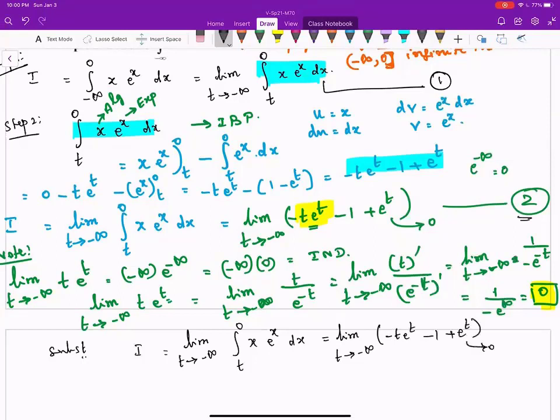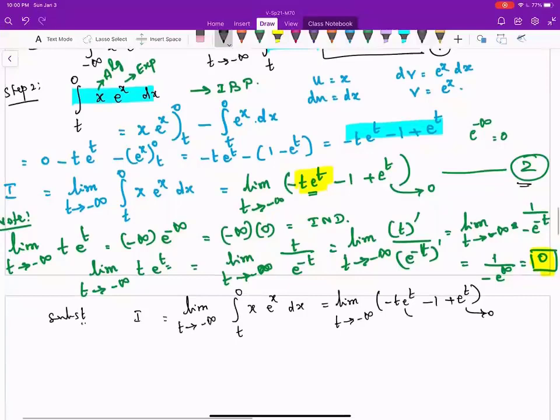From what we have proved, this first expression is 0, and the last is also 0. So we end up with the value 0 minus 1 plus 0, which is equal to negative 1. So the improper integral by our computation turns out to be negative 1. The improper integral is actually convergent.